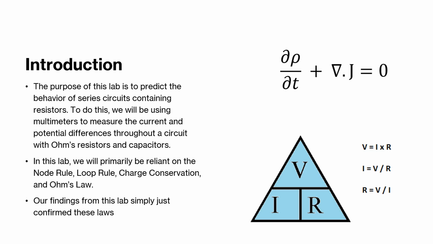You can see here in the bottom right, this is Ohm's law, and then this is the charge conservation. Our findings from this lab simply confirmed these laws. There weren't many statistical findings that are really important, but it did confirm all the things that we are learning about.